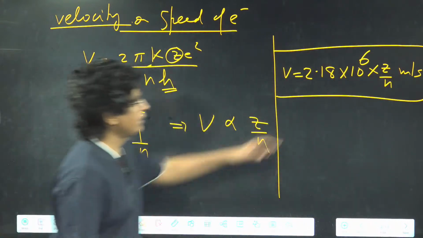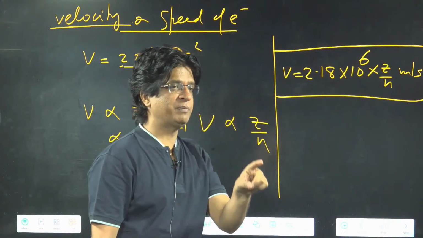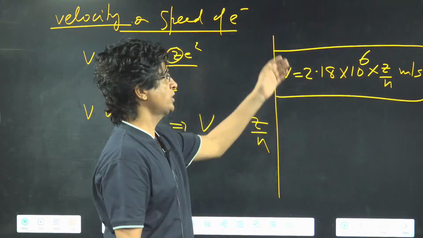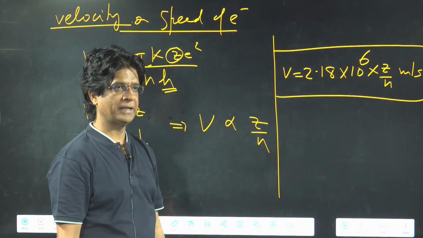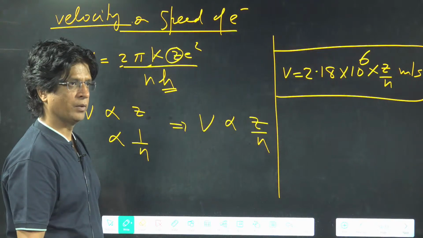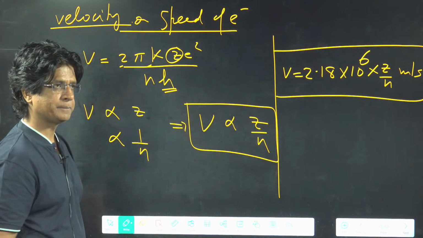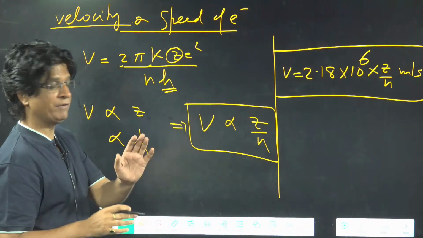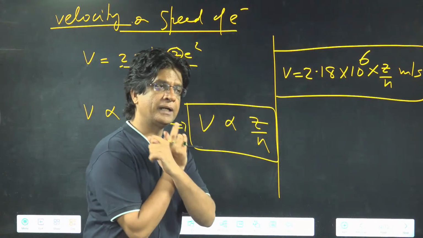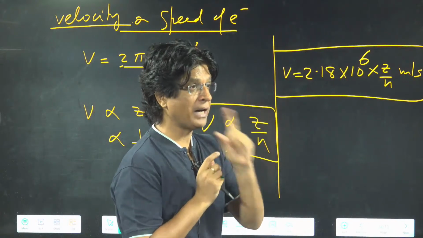This velocity is almost 100 times less than the speed of light. Getting it? Z by n. So V is proportional to Z by n. I want you to focus that when I was telling you about energy and radius, they both depended on mass.